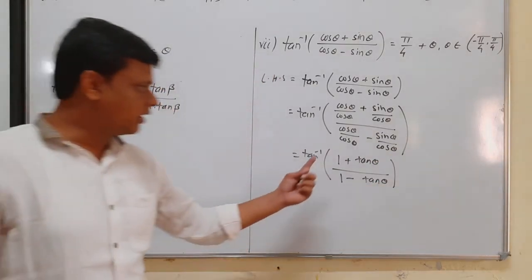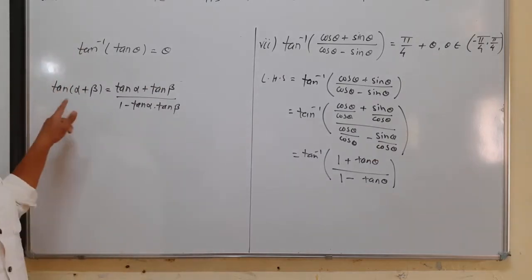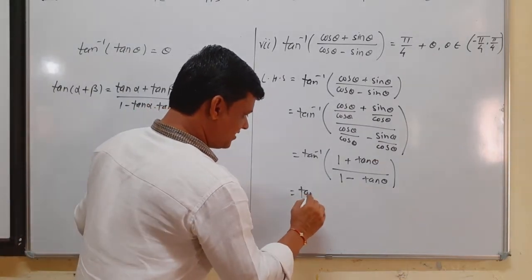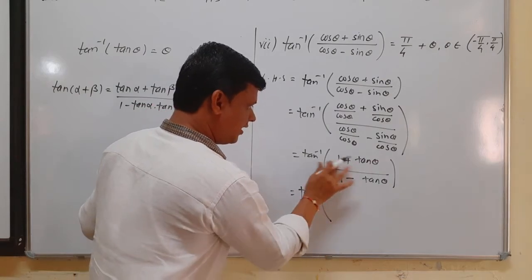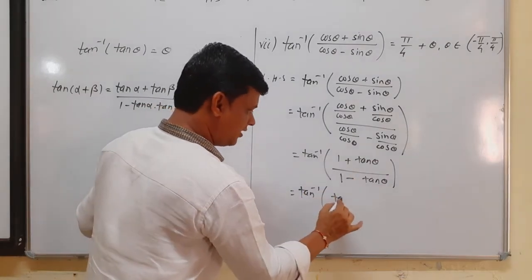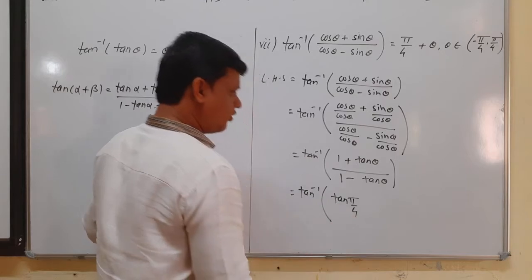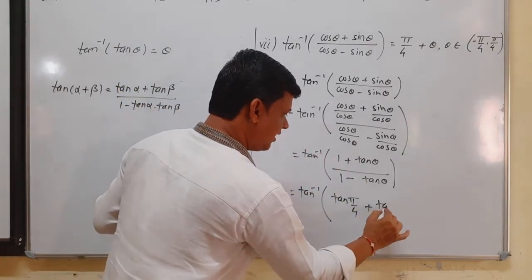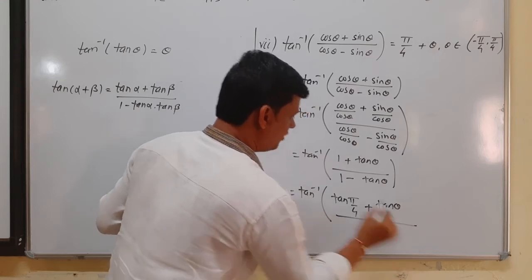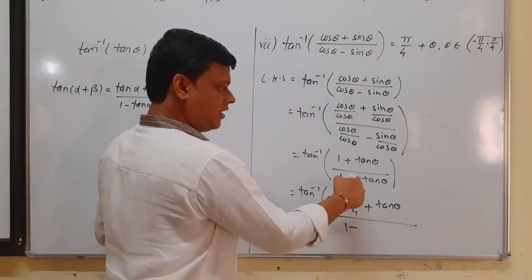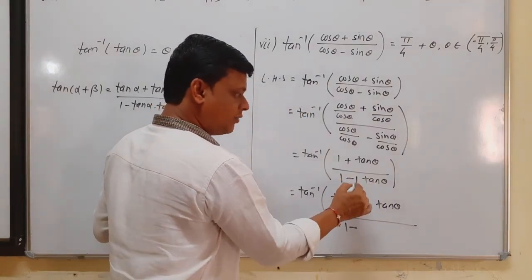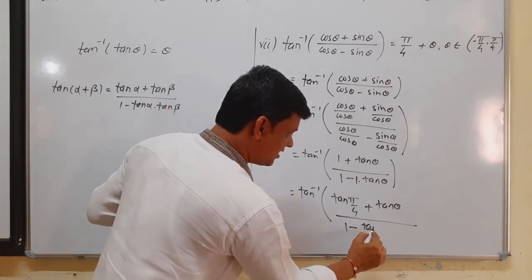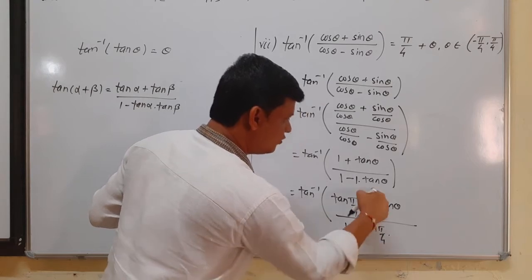Now we have to convert this in terms of tan of alpha plus beta. So we do some adjustments. In place of 1 we can write tan pi by 4, because tan 45 is 1, plus tan theta as it is, upon 1 minus, here the coefficient of tan theta is 1, so this one also we write as tan pi by 4 into tan theta.